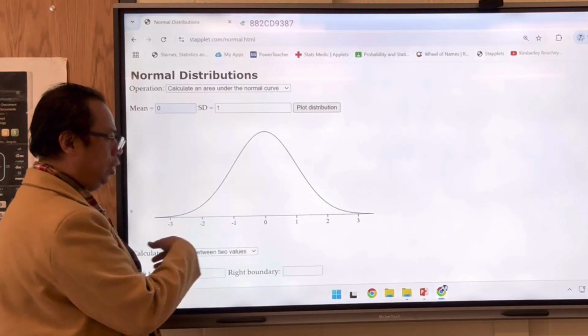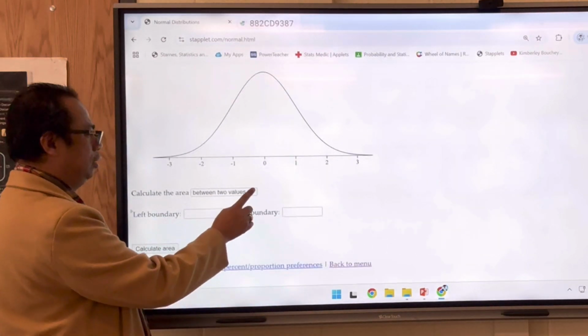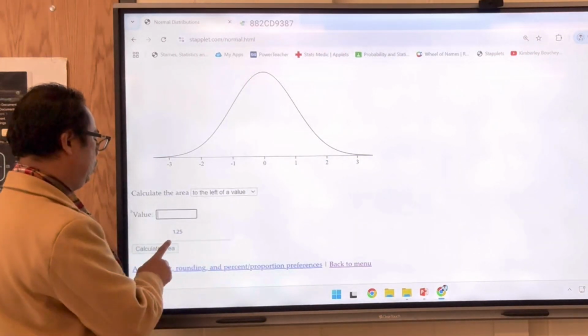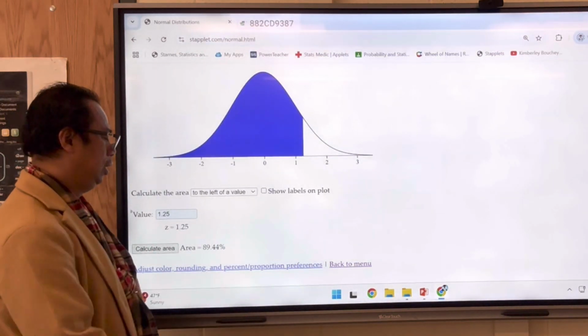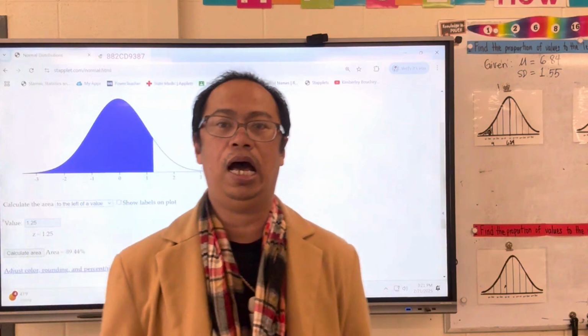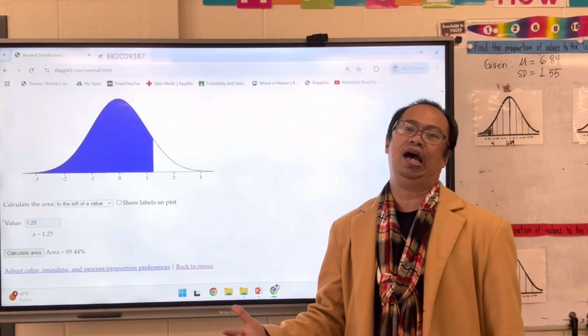Plot. Okay, you will see this. The next one, click left, to the left. Then, right here, 1.25. Then calculate: 89.44. So we can get that in the applets as easy and as simple as that.